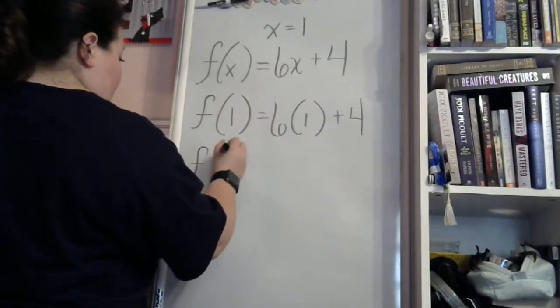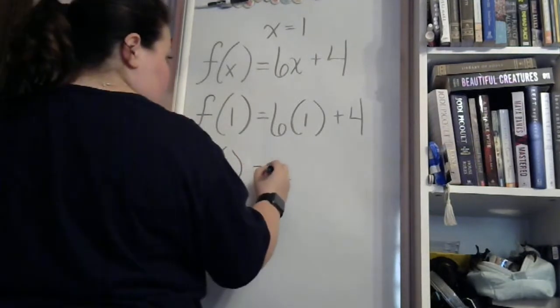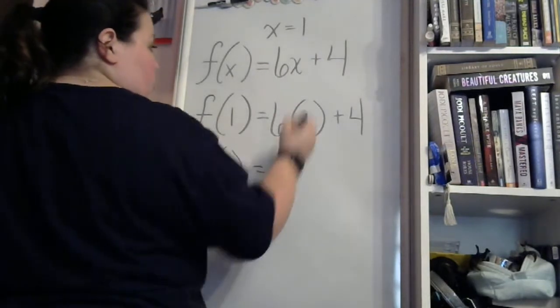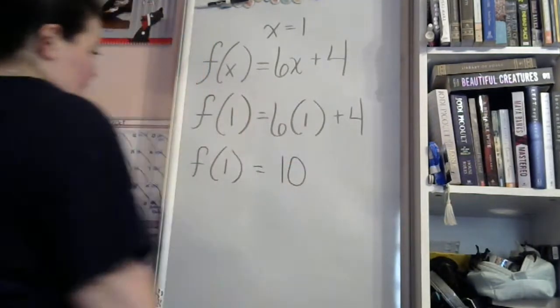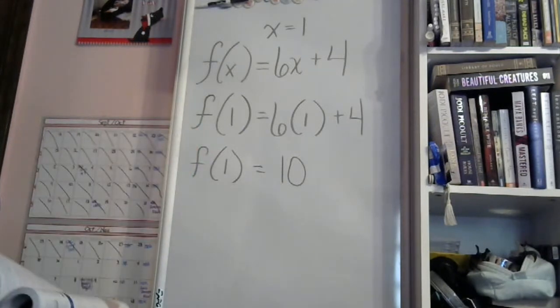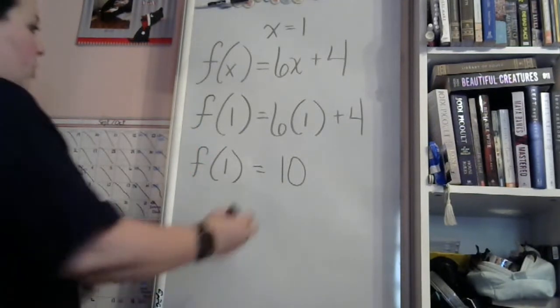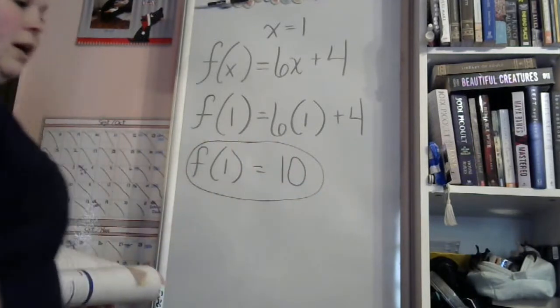So f of 1 is now how we say this, equals 6 times 1, which is 6, plus 4 is 10, and that literally is our answer. That's how you solve this. I'm sorry, my book was kind of in the way. If you were doing this on the test, this is what you are circling as your answer.